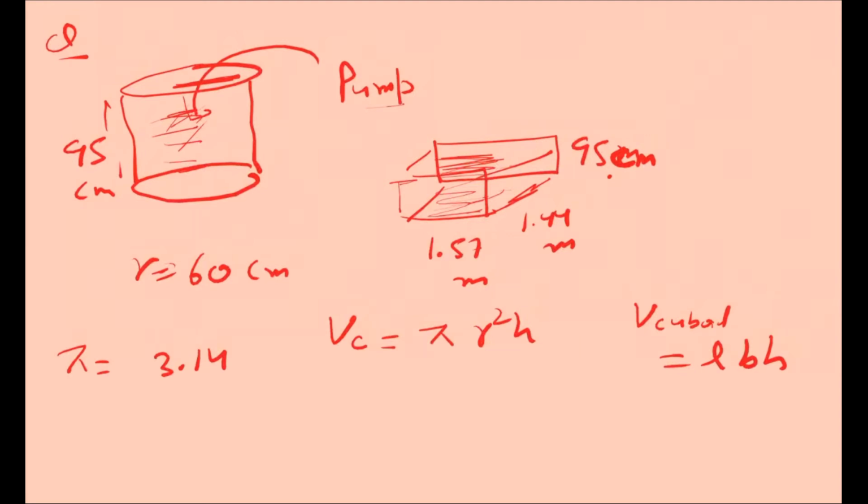The volume of the water in the overhead tank equals the volume of the water removed from the sump. Now water is pouring here.